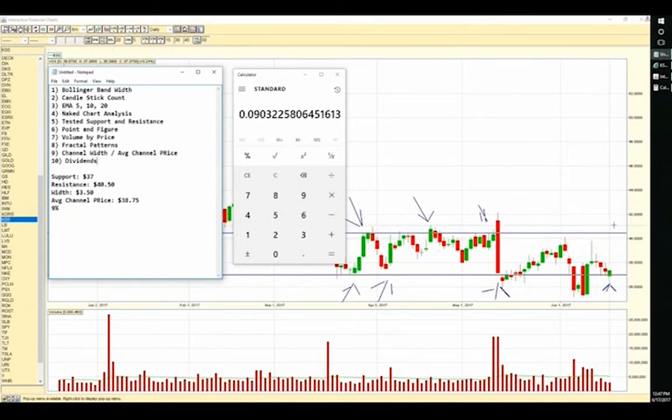Maybe selling a call at the strike price of 40 bucks. An example that we did was we bought the stock on May 19, and then we sold that call option, the 40 call option, on June 2nd. The call option was going to expire on June 16, which was yesterday.